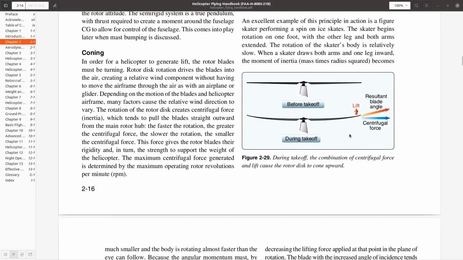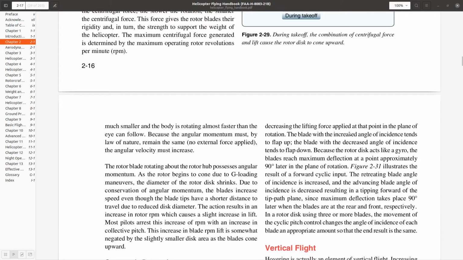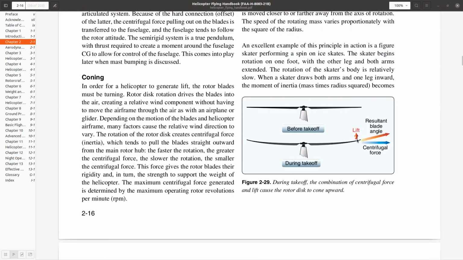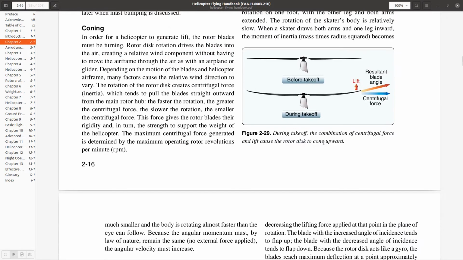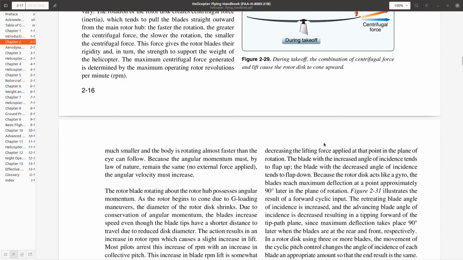Because they're conserving their angular momentum, but they brought all the weight in toward the middle. So now they have to speed up their rotation to keep everything constant. Well, the same thing happens with this rotor blade, right? I'm pulling the weight in when it cones, and that's going to cause it to want to speed up.